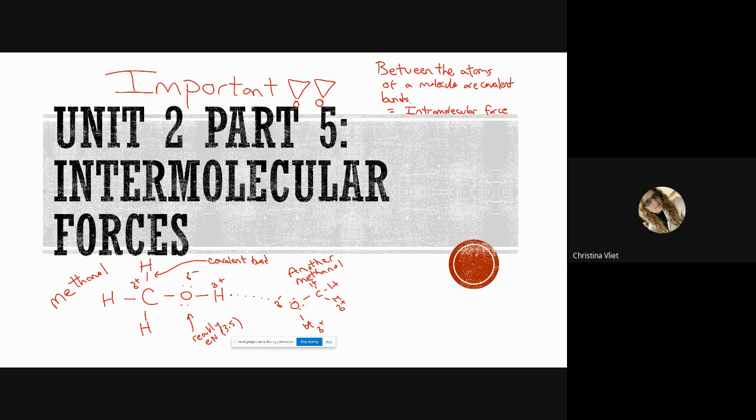So this right here, one polar molecule being attracted to another polar molecule, and it can happen with nonpolar molecules as well, although not nearly as strong, is called an intermolecular force. An intermolecular force is the force between molecules.